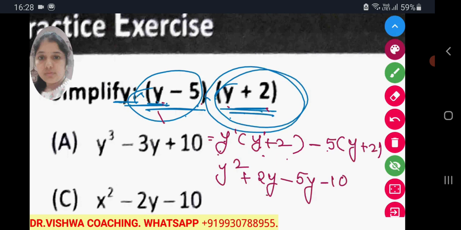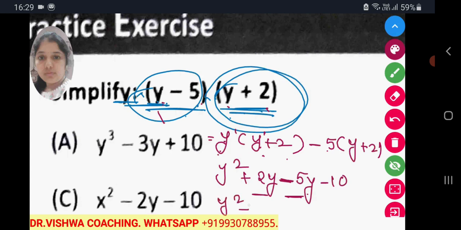Now this 2y and this minus 5y have the same variable and the same degree, so they can be added or subtracted. Here they have different signs, so we subtract 2 from 5 and give the sign of the bigger coefficient.